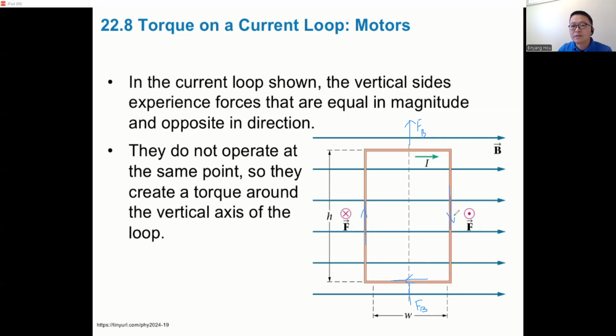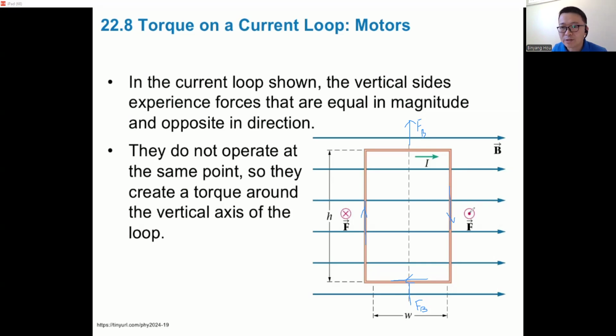Over here on this side, the thumb goes down in the direction of the current, and then your four fingers will be going in that direction, the direction of the magnetic field. Now your palm is facing towards you, or out of the paper.